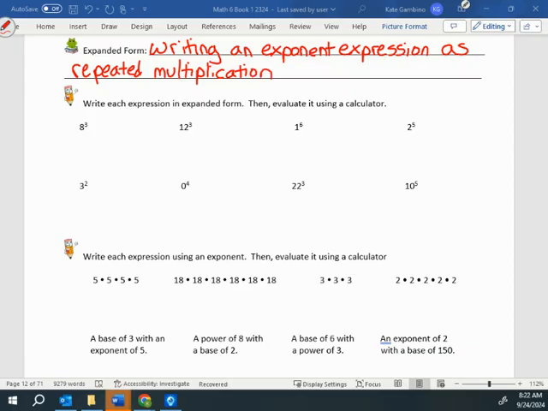So when I said 10 to the third power was 10 times 10 times 10, writing that out, what I'm saying is expanded form. So it's the math that we're doing.